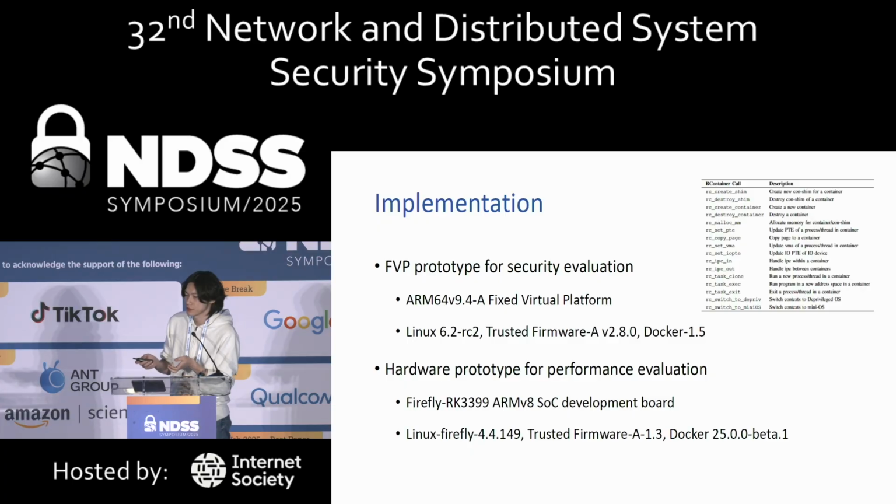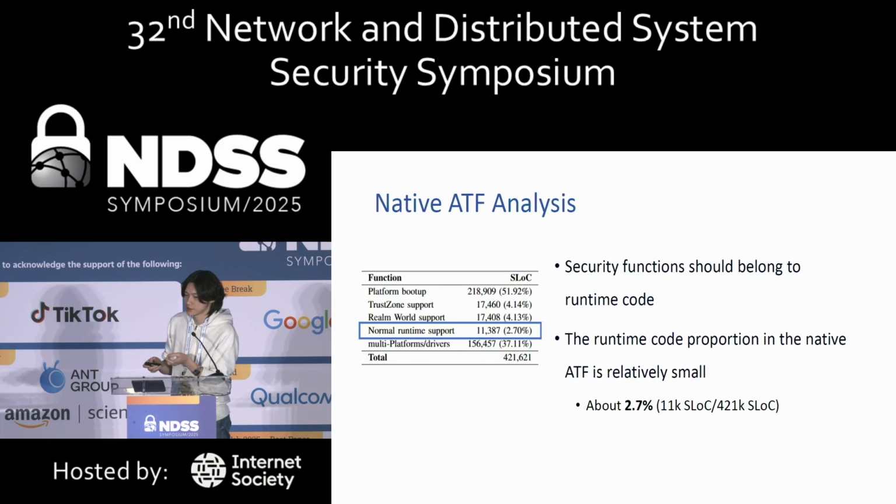It is to prove that the runtime code in the ATF is actually very small. It's only about 11,000 lines of code. It is very small. So we compare this 11,000 lines of code with our TCB. Yeah, I see. Any other questions?